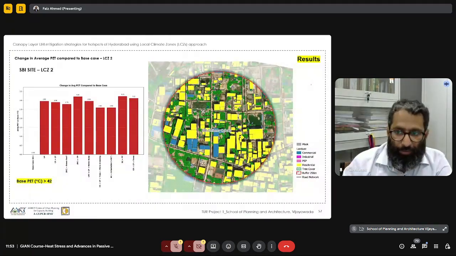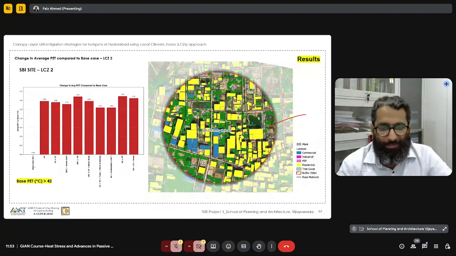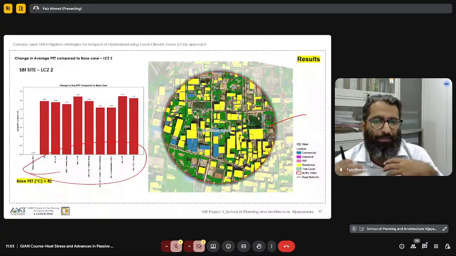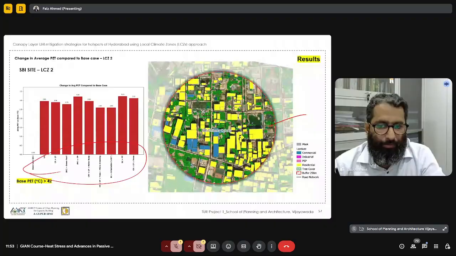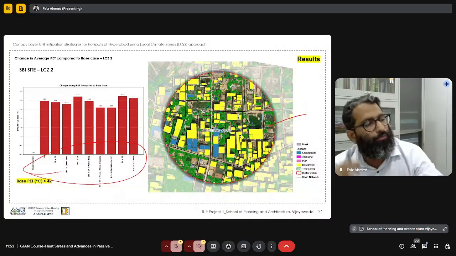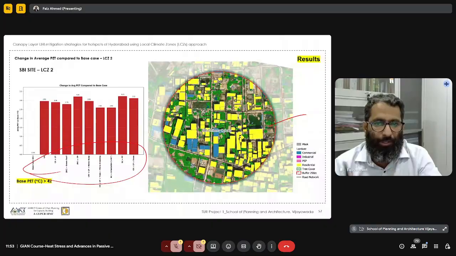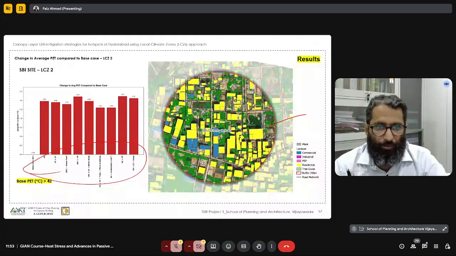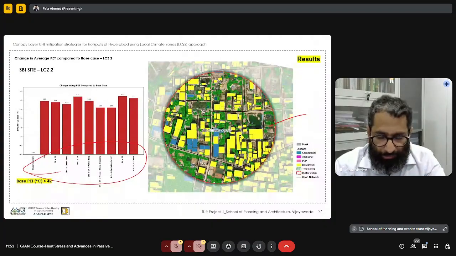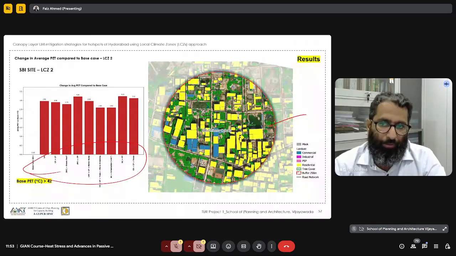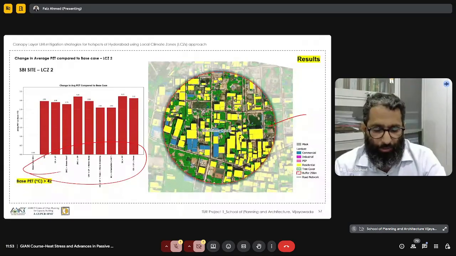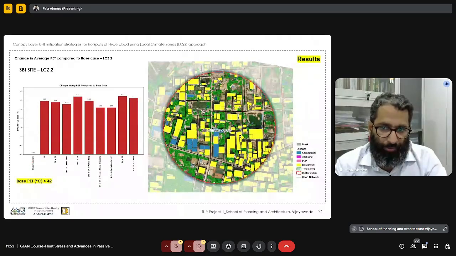Similarly, in one of the neighborhoods when we tested, none of the strategies were effective. In fact, it increased the PET value by 2 to 3 degrees Celsius. So in this neighborhood, we're trying to find out what could be the reason and what has gone wrong.